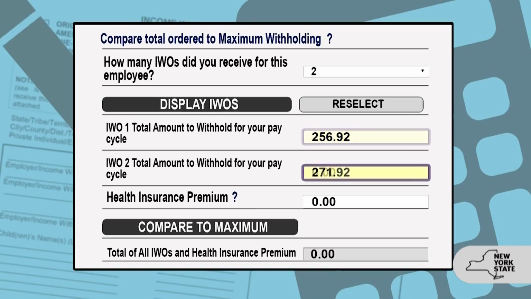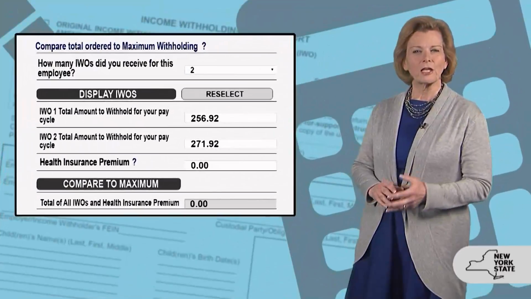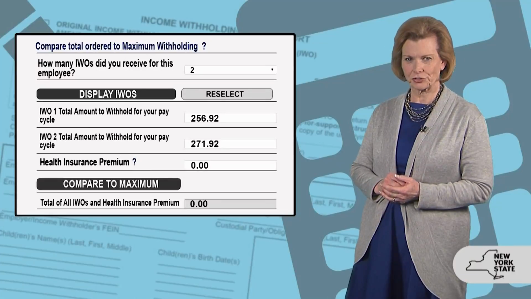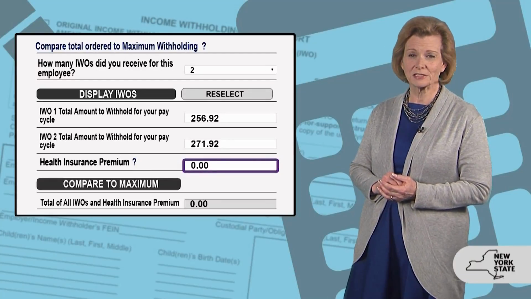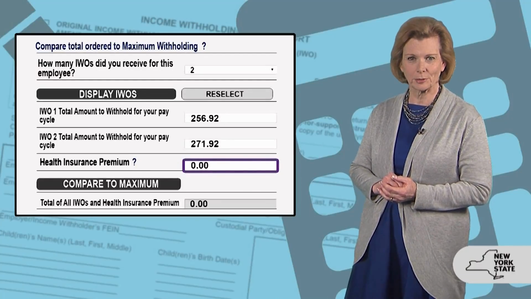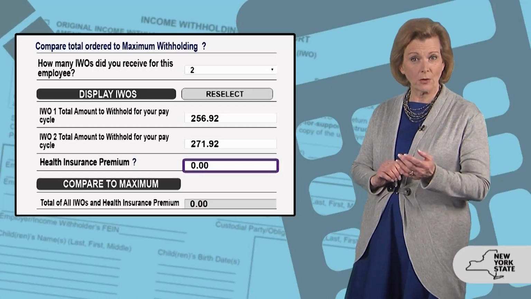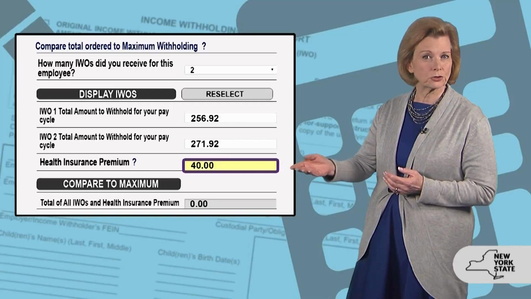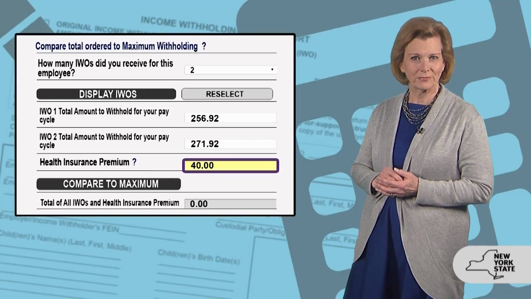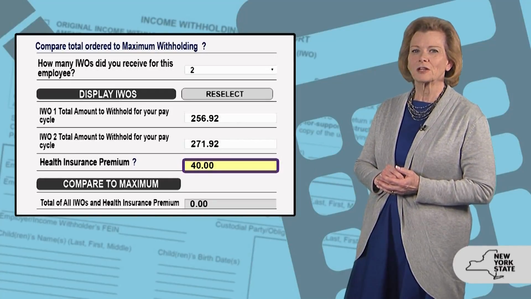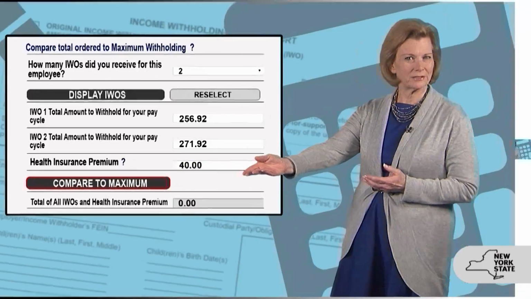From the second IWO, enter $271.92 into the IWO 2 field. If the employee has health insurance coverage that includes the dependents listed on page 1 of the IWO, enter the premium paid by the employee. In our scenario, it's $40 per biweekly pay cycle.